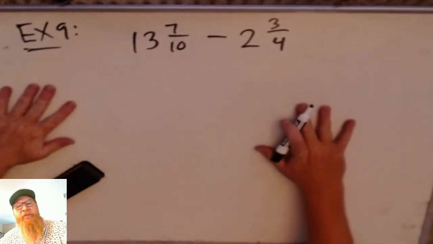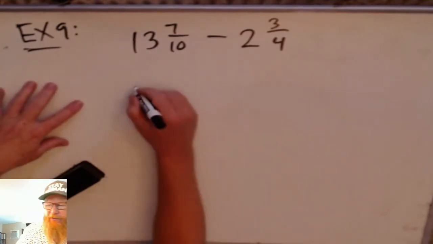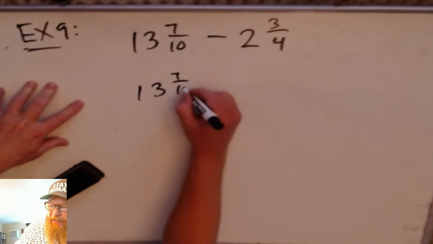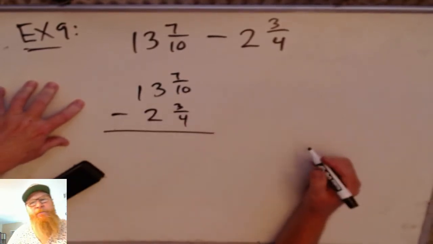It seems a little fuzzy, but that's okay. Let me rewrite it. Maybe things will work out when I'm rewriting it. So 13 7/10 minus 2 3/4.